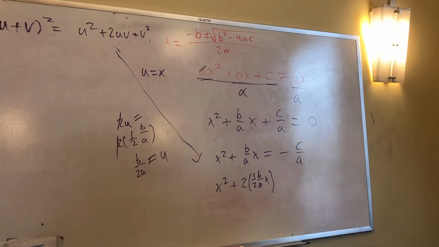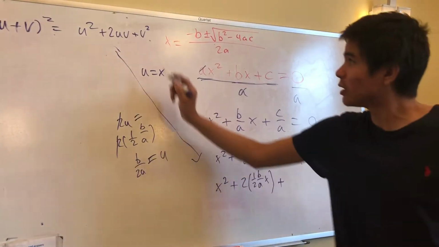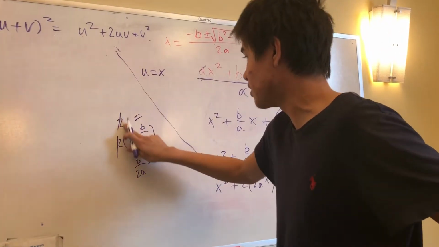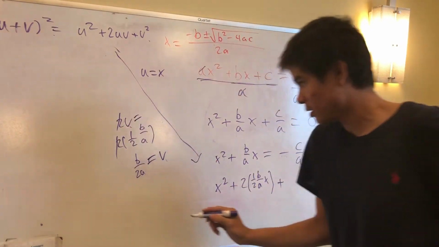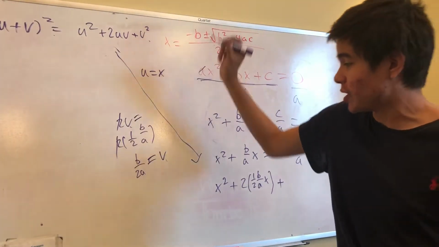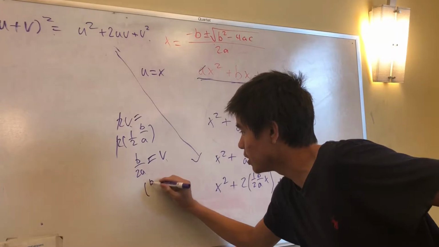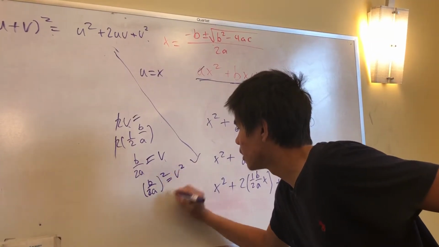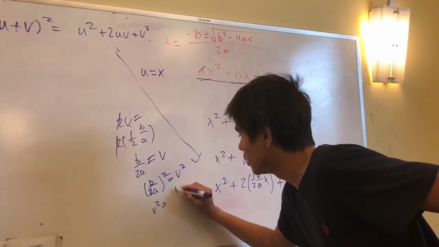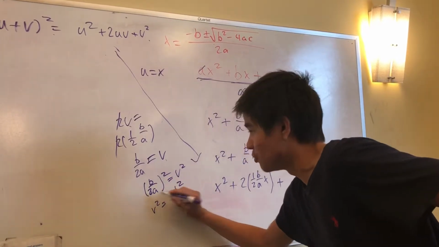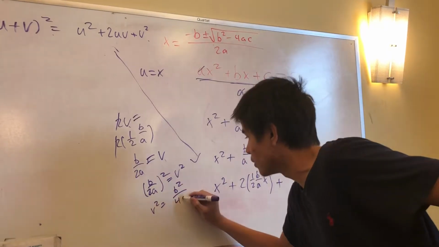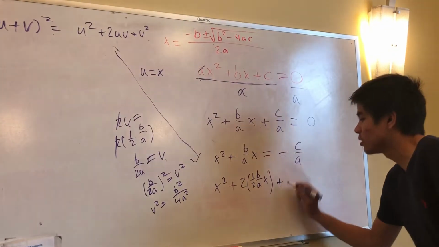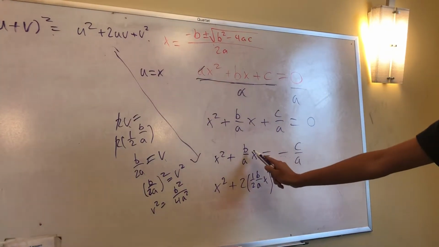Well, we can do plus, and nope, that's not u, I'm sorry, that would be v. So if that's v, we're missing our v squared, so what is b over 2a squared? Well, that would be b squared over 2 squared, that's 4, a squared, that's a squared, b squared over 4a squared. So now let's add from this.